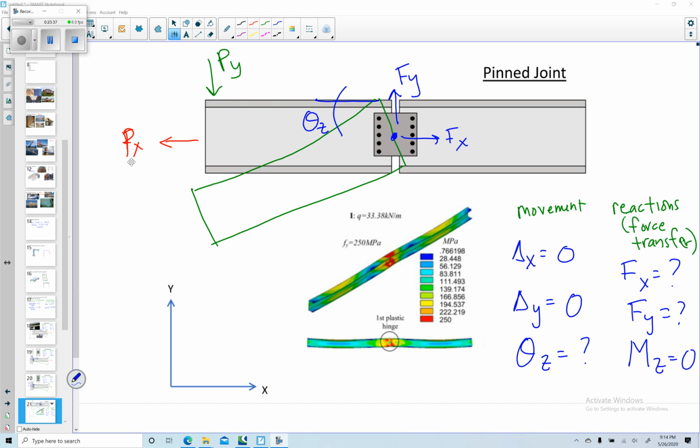So we have a vertical reaction preventing movement in the vertical direction, but we don't have a moment being transferred. One place where you especially might see a pin joint is if we create a plastic hinge on purpose.